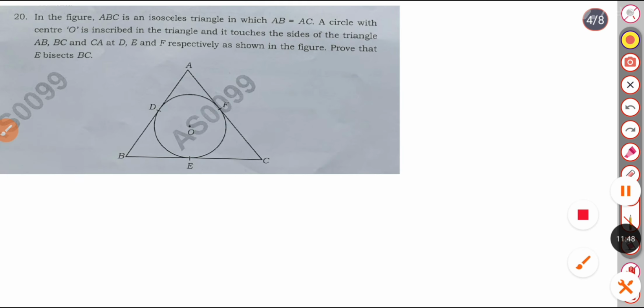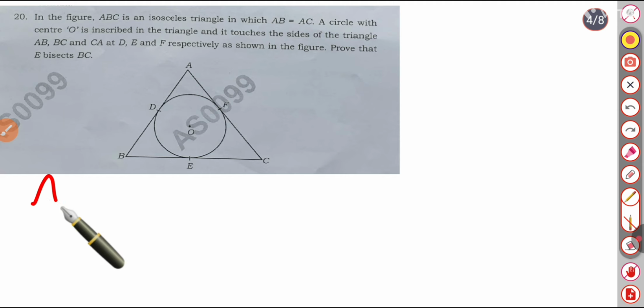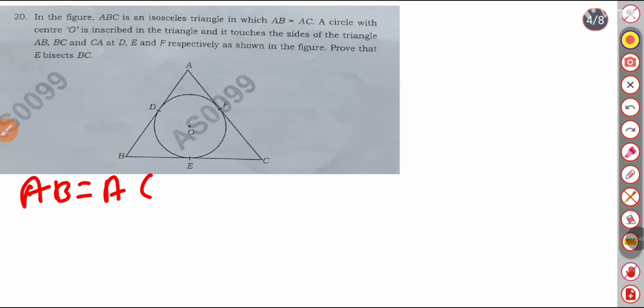So what is given, we'll write first. This is an isosceles triangle. So if it is isosceles triangle, two sides are equal, that is AB and AC are equal, already given. So I'll write it as AB is equals to AC is given, and A is the external point to the circle. So AD will be equals to AF. So AD is equals to AF.